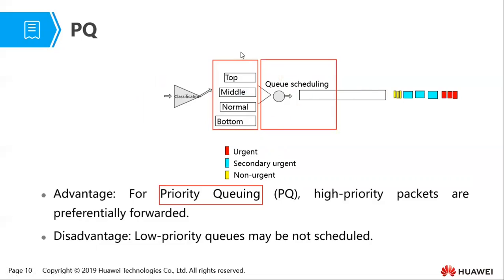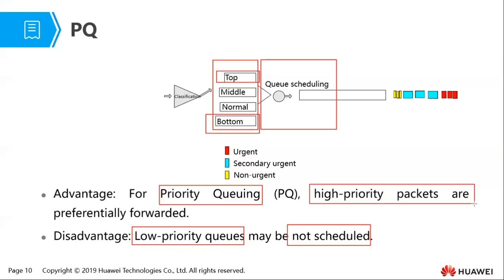This can be disadvantageous to low priority queues, which may not be scheduled. Whoever is on the bottom queue might not have a chance to be forwarded if we have a lot of traffic on the upper priority queues. That's the main disadvantage of priority queue.